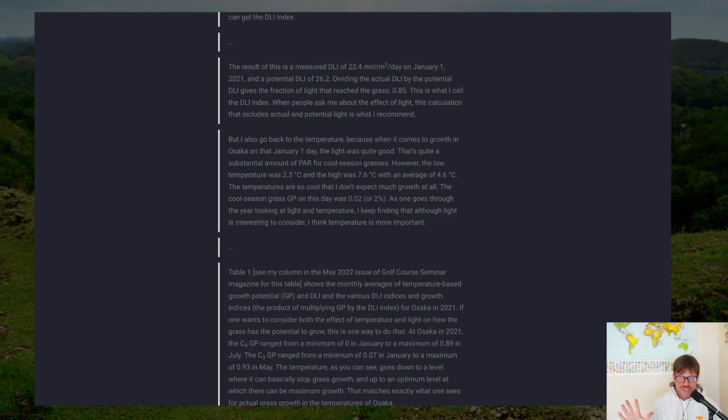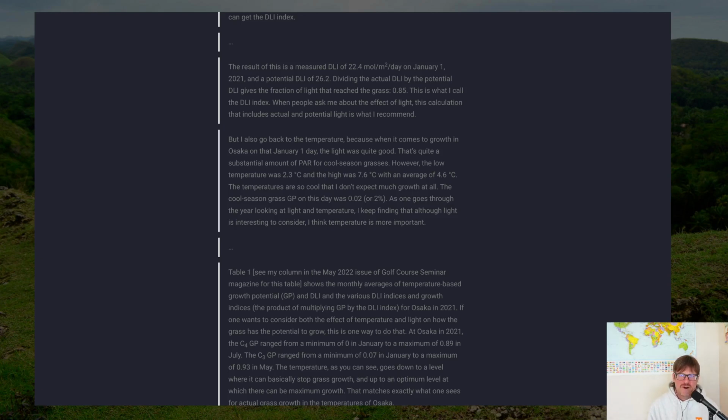But if we're just talking about out in the open where the grass is not having structural or tree or mountain causing shade, there's more light in the wintertime than you might expect. And so light just can't be as limiting as people might think.